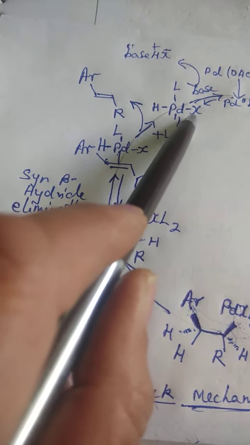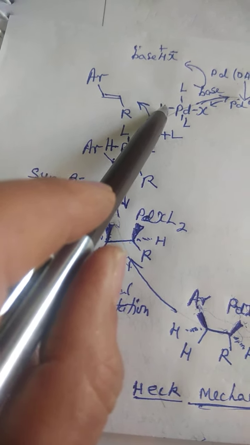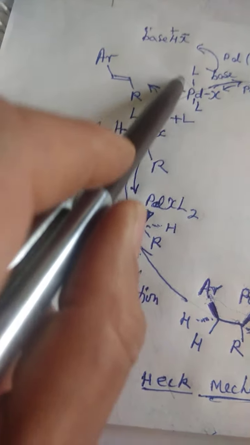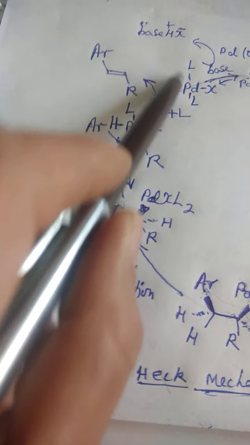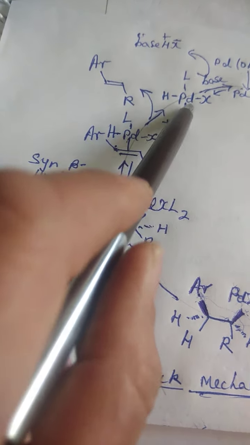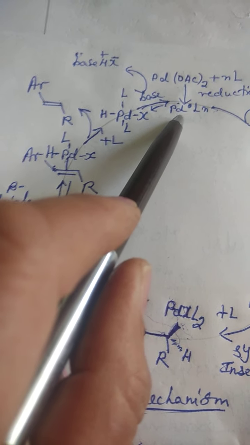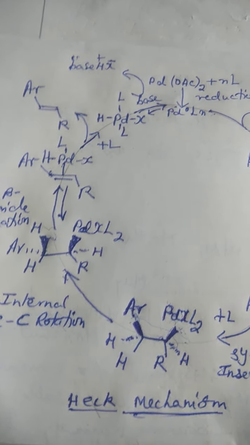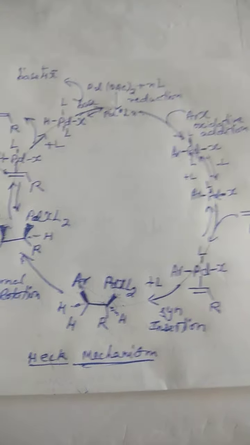The H and the X leave in the form of H positive, X negative, which is stabilized by this base, and Pd is now left with just these two ligands, and this palladium 0 complex has been regenerated.